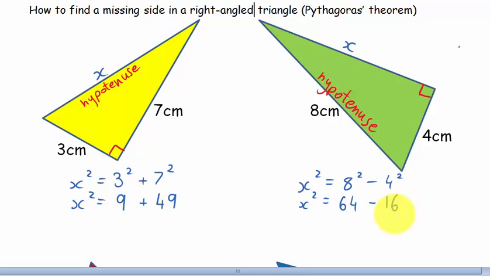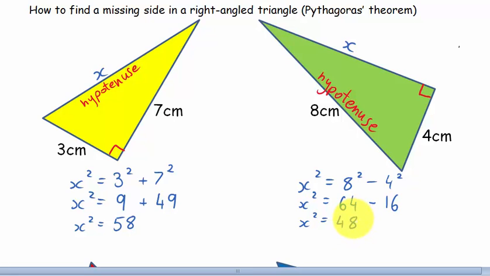The third line of working also starts with x squared. This time we have to add or subtract the two numbers we've got. 9 plus 49 is 58. In the case on the right, 64 take away 16 is 48.